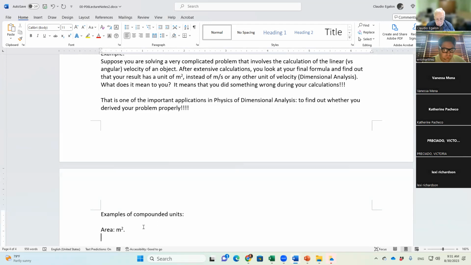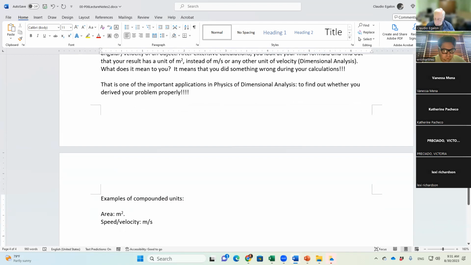We already said about speed or velocity. They have the same unit, although they are different concepts.